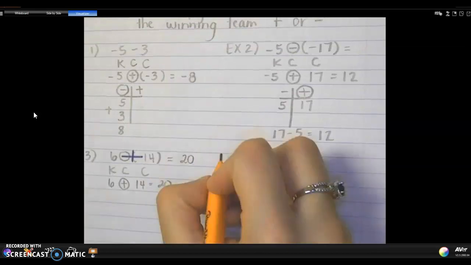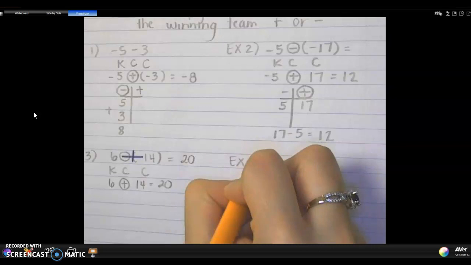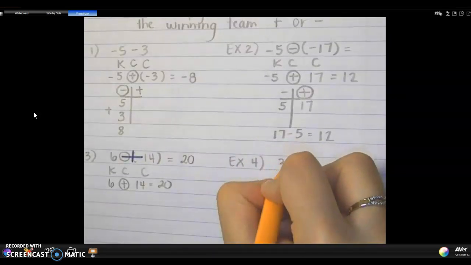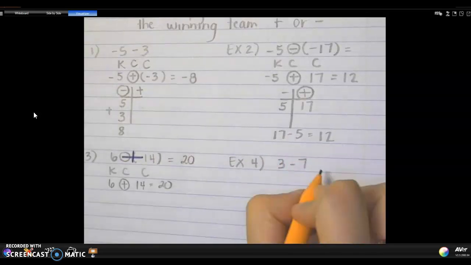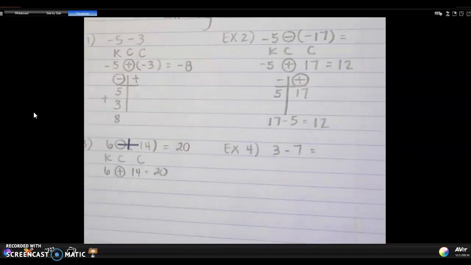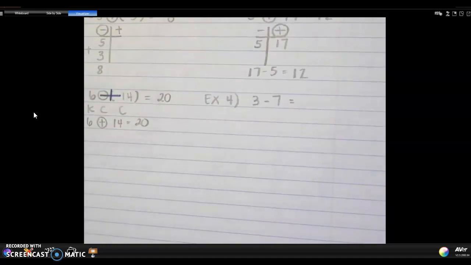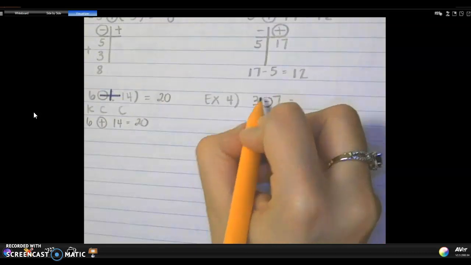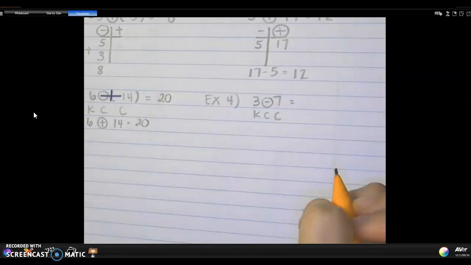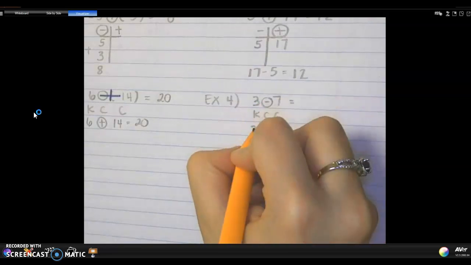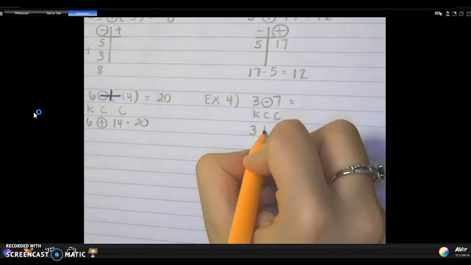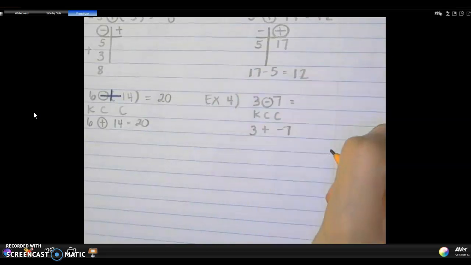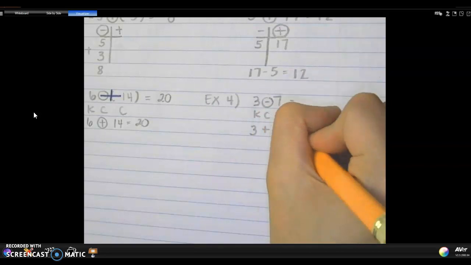All right, example 4, you're going to do on your own. 3 minus 7. Go ahead and pause the video and work it out. Alright, so 3 minus 7, I'm subtracting, so my strategy is KCC. We keep my 3. Subtraction becomes addition, and the opposite of 7 is negative 7. And I'm going to write it in parentheses to separate my signs.